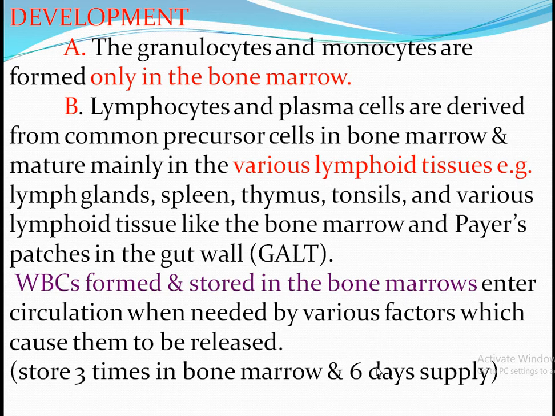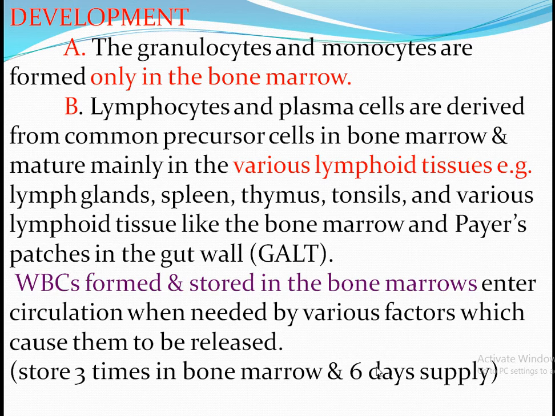So depending upon the type of the WBC, and the type and extent of the infection and the injury to the tissue, all mechanisms take place. It is not fixed.